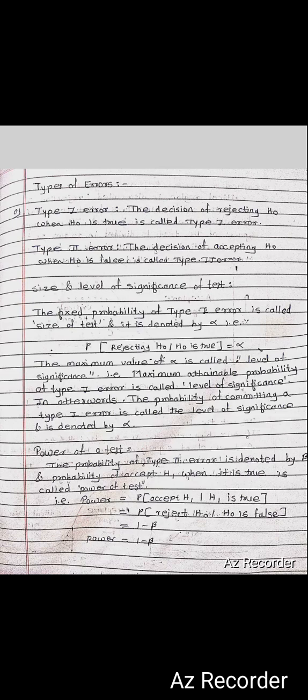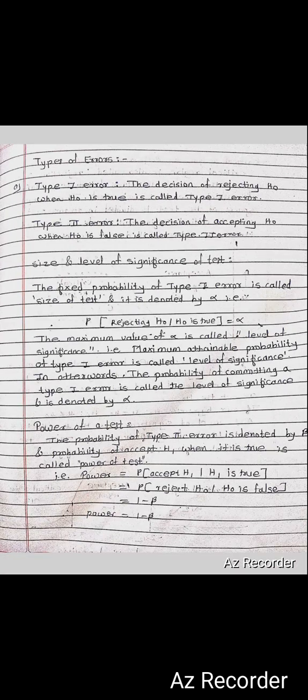If we set a hypothesis that our decision is 99% true, then there is a possibility of 1% error, and this is called the level of significance. The maximum value of alpha is called the level of significance. The maximum obtainable probability of type 1 error is called the level of significance.